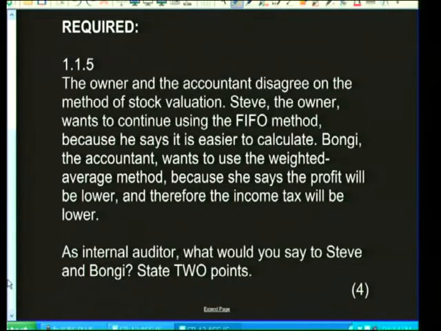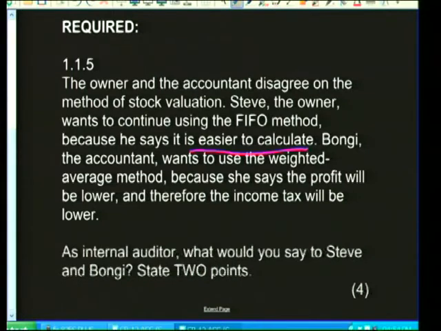So you'll see there that in 1.1.5, it says that the owner and the accountant disagree on the method of stock valuation. Steve is the owner, and what he wants to do is continue using the FIFO method, because he says it is easier to calculate. Bongi, on the other hand, he's the accountant, and what he wants to do is change to the weighted average method, because he says that the profit will be lower, and therefore the income tax is going to be lower.